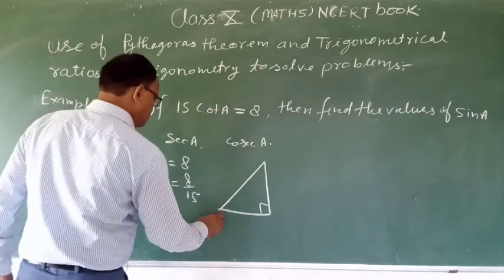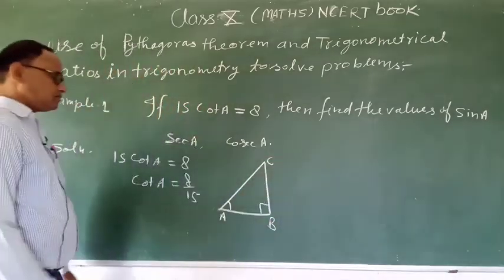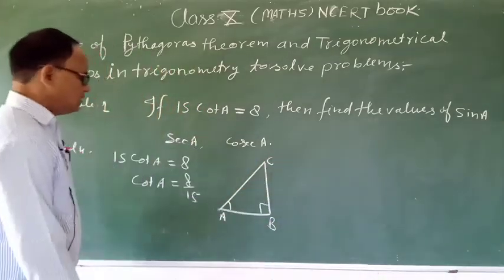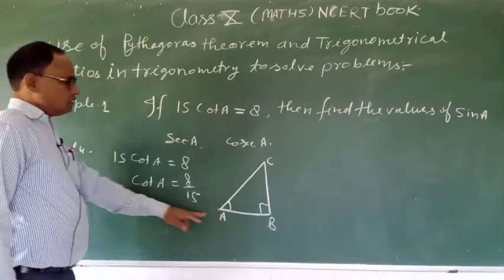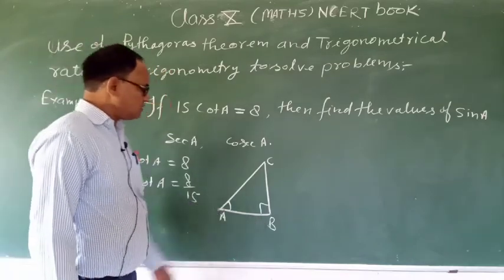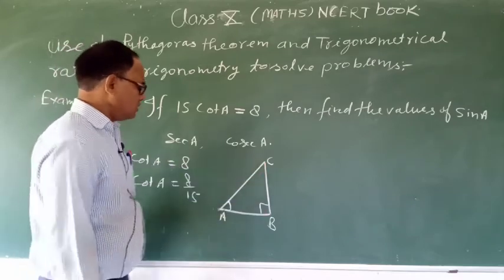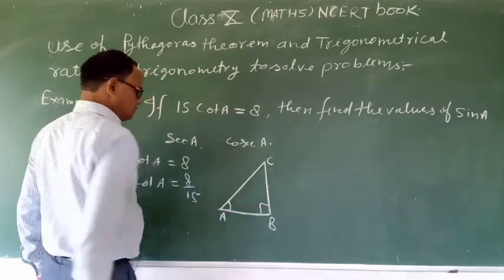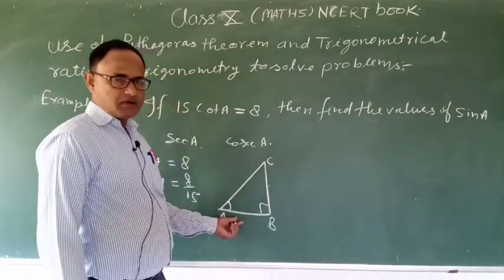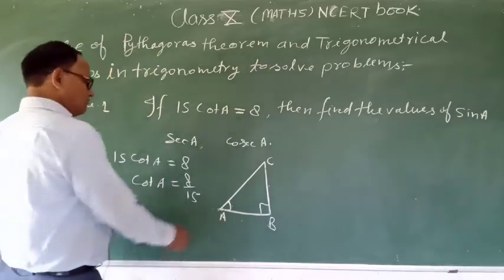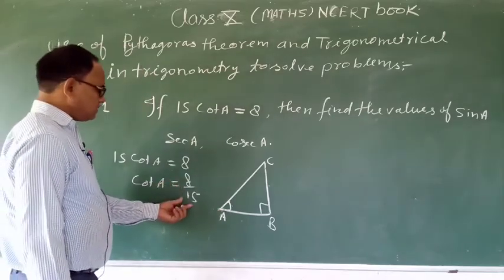Let A, B, C be the vertices. Take angle A, then this is the base and this is the altitude or perpendicular line from this angle. If you take C, then AB is the perpendicular line.